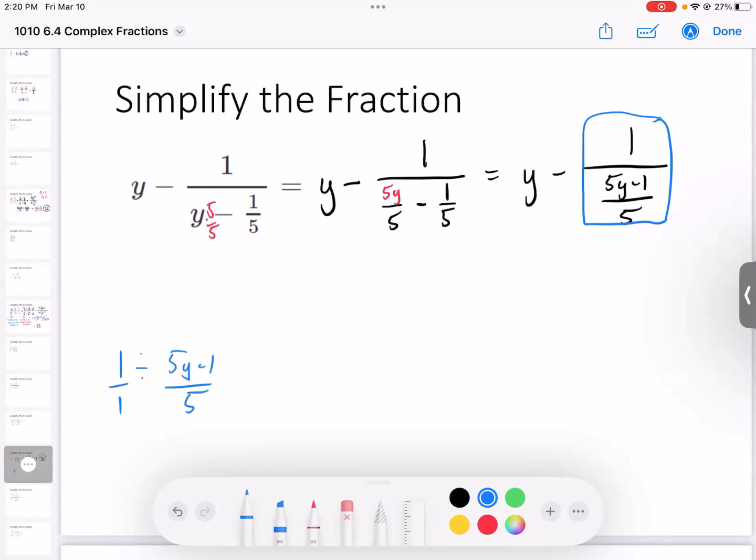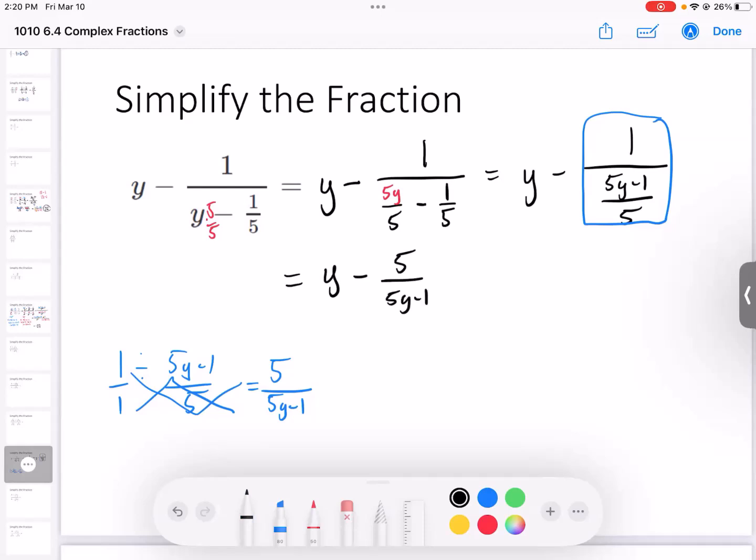Well, 1 is 1 over 1. And if I do the zigzag method, I'm going to get a 5 on the top and a 5y minus 1 on the bottom. So this complicated fraction here ends up simplifying to this. Everybody good with that? Okay, so that means this is going to equal y minus 5 over 5y minus 1.